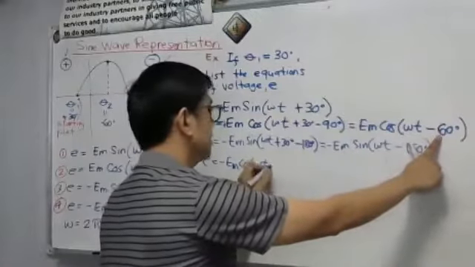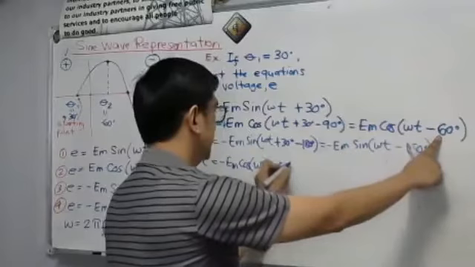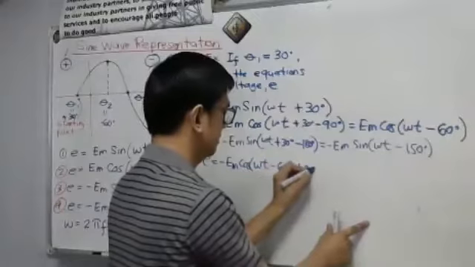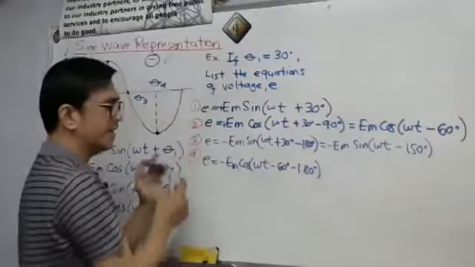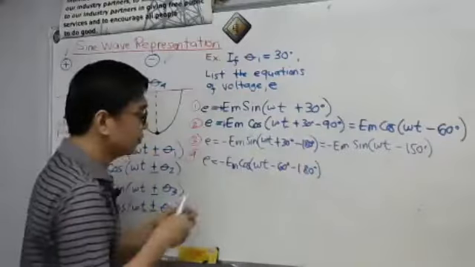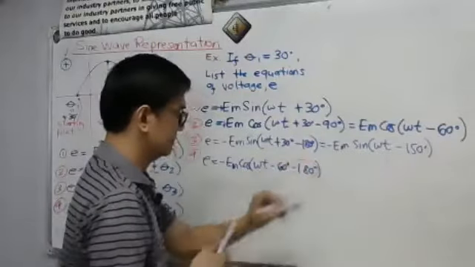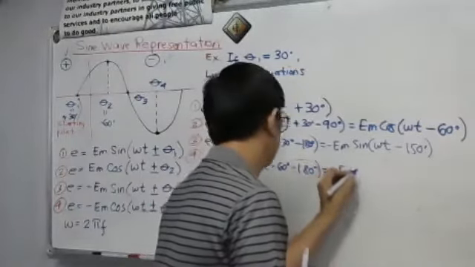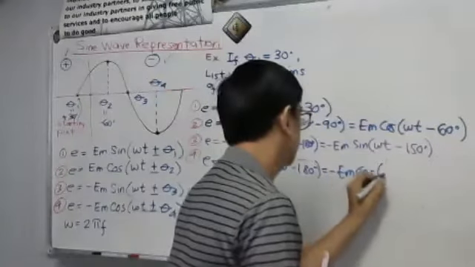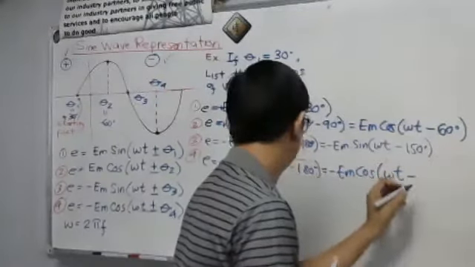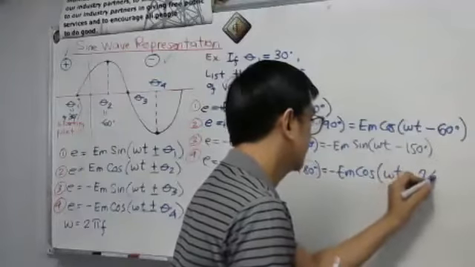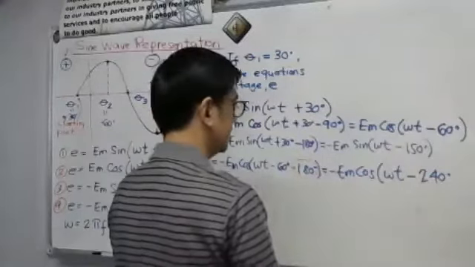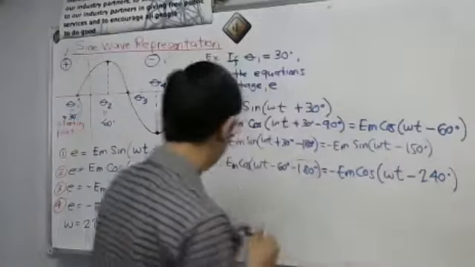And from positive to negative, it's minus 180. So we have negative E sub m cosine omega t, and that should be minus 240 degrees.